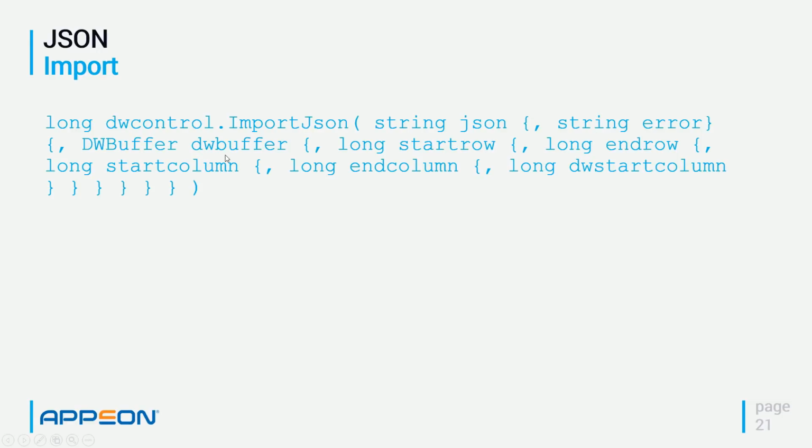You can specify a particular buffer that you want to import the data into, and then you have the ability to specify a start row, end row, start column, end column, in case there's only a subset of the data that you actually want to import. And there's also a DW start column in case you want to shift the data over a little bit. So that gives us the ability to import and export the JSON.